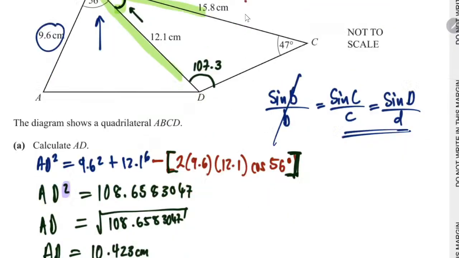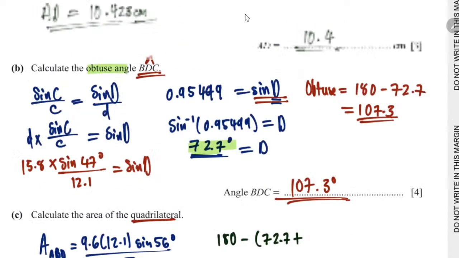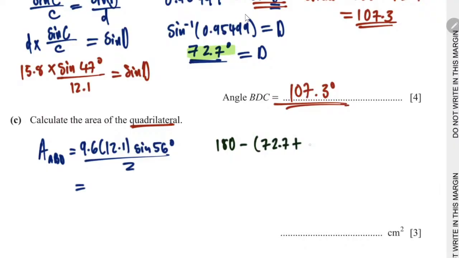So you say 180 minus 72.7 plus the other one, 47 degrees. What is the answer to this? 180 minus this. We want to find the third angle. What is the answer?